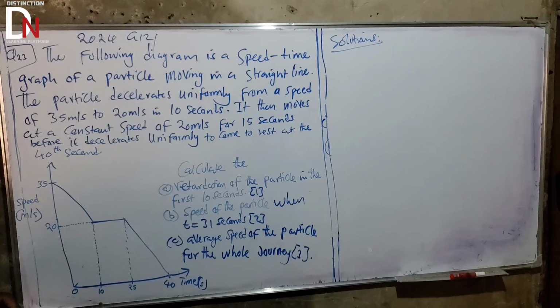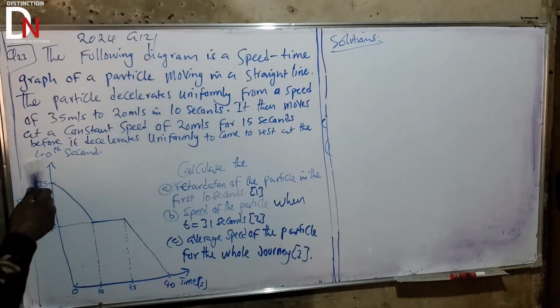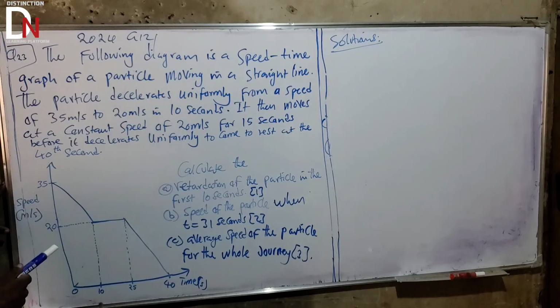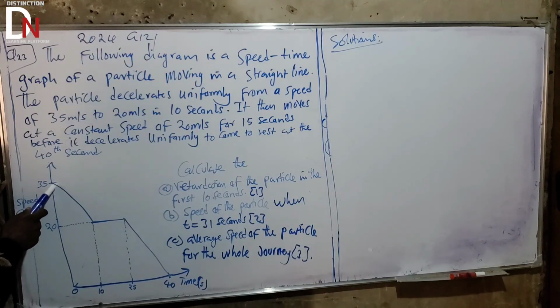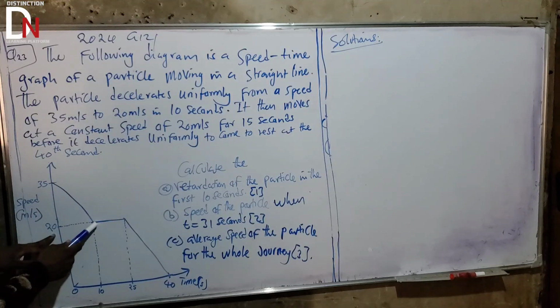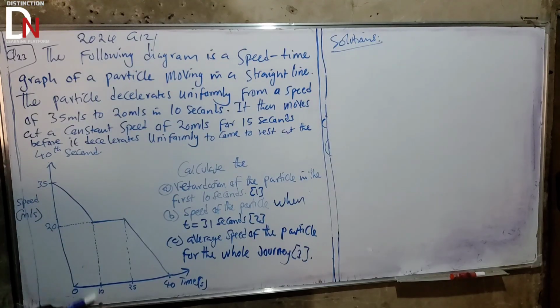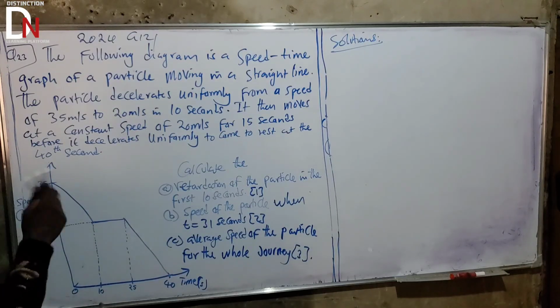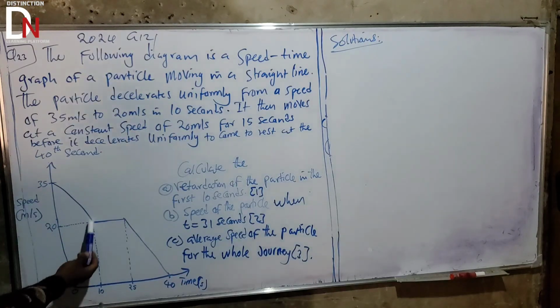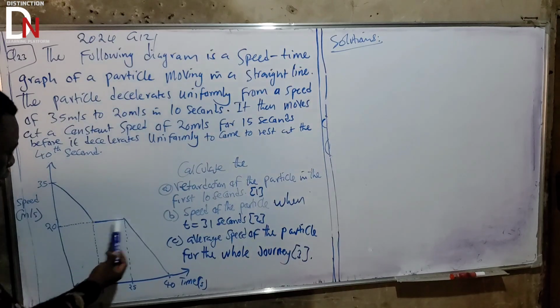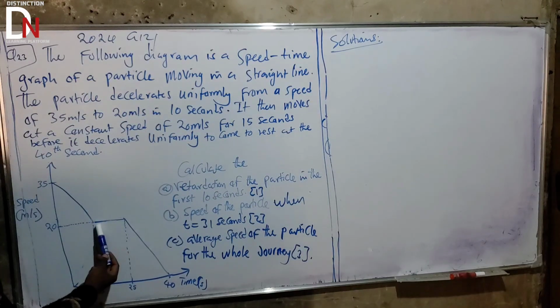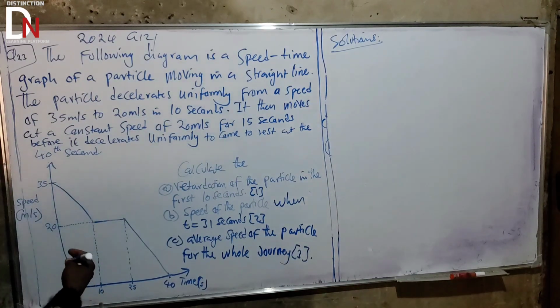So basically the particle was decelerating from 35 meters per second to 20 meters per second in how many seconds? In 10 seconds. It then moves at a constant speed for 15 seconds.